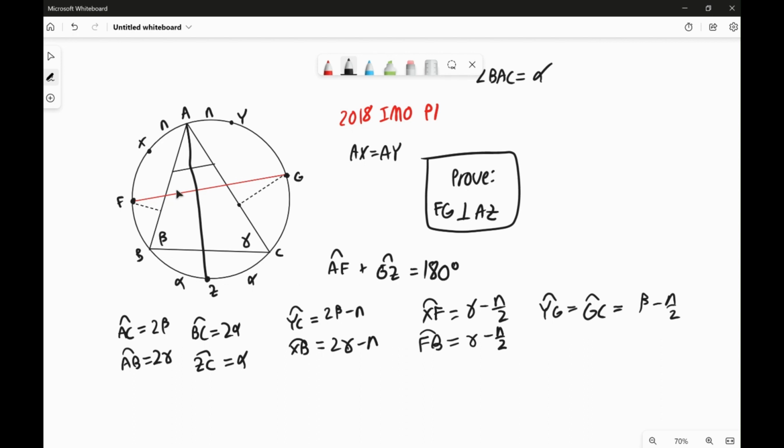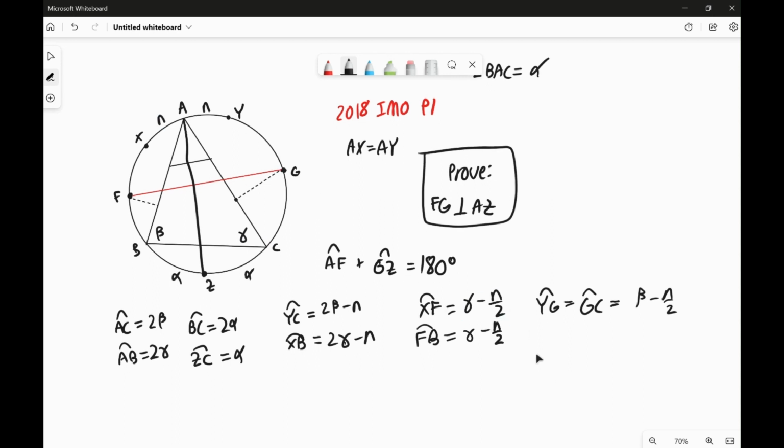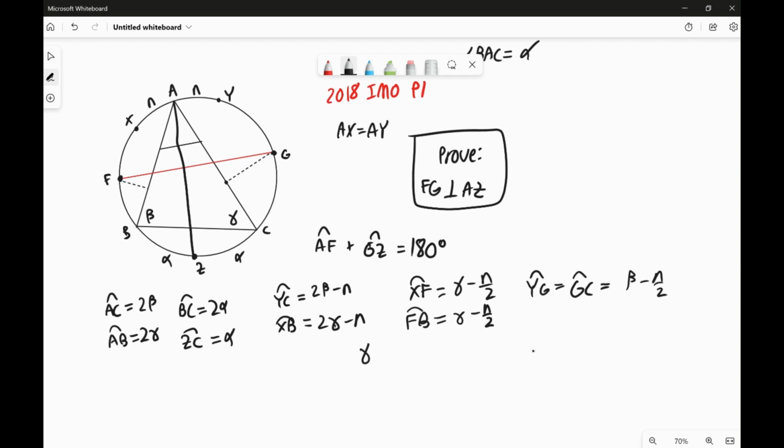So let's go ahead and focus on AF first. We have that AF is equal to AX plus XF. So N here plus XF, which is gamma minus n over 2, which ends up being gamma minus n over 2 plus n, which is gamma plus n over 2.